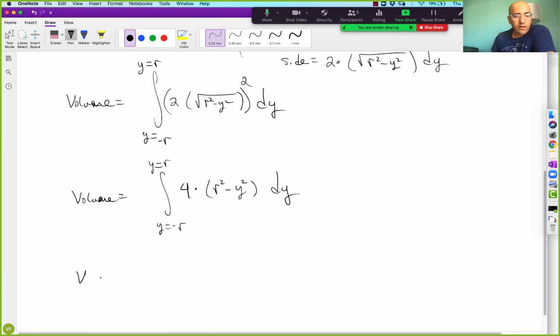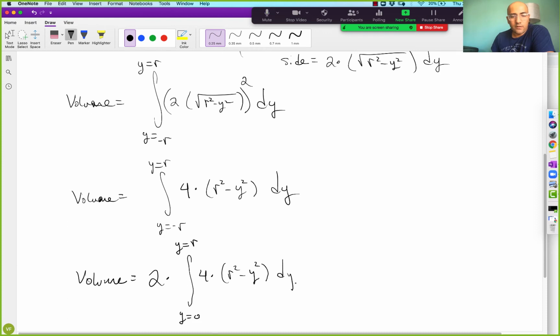So I would say that my volume is going to be equal to twice the integral as y goes from 0 to r of this thing, 4 times r squared minus y squared dy. Questions? No? Maybe?